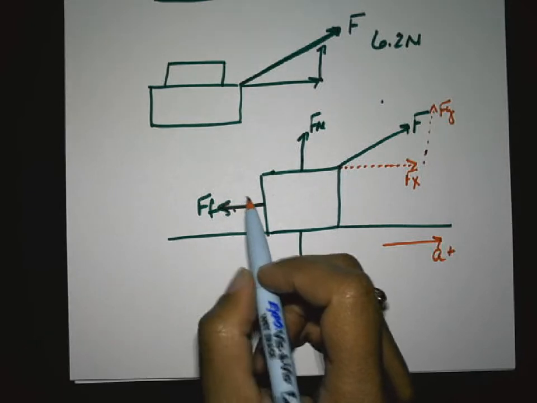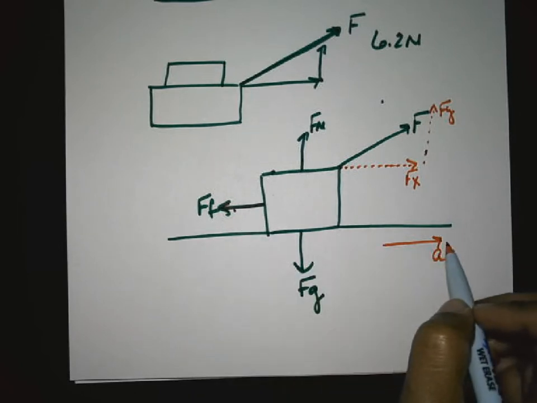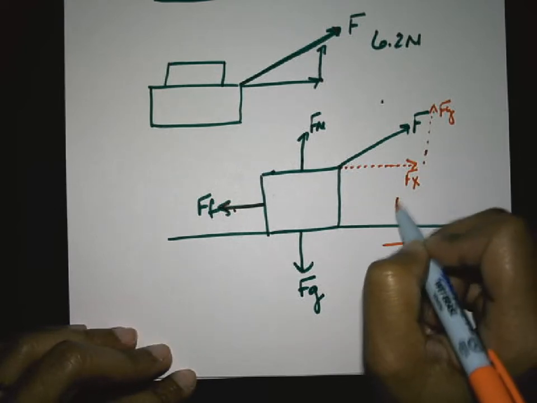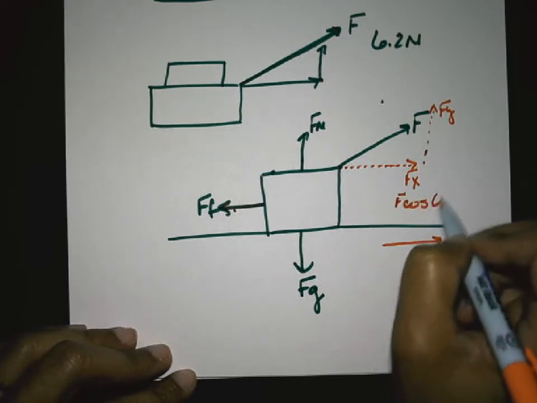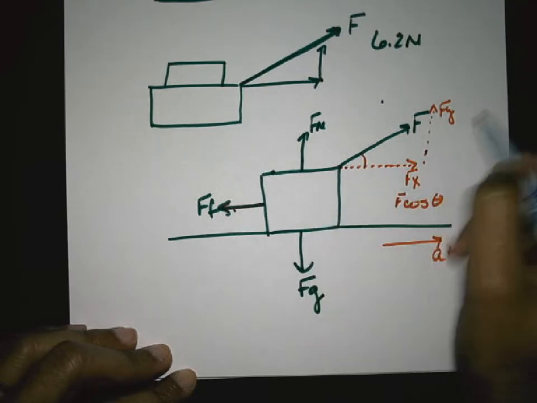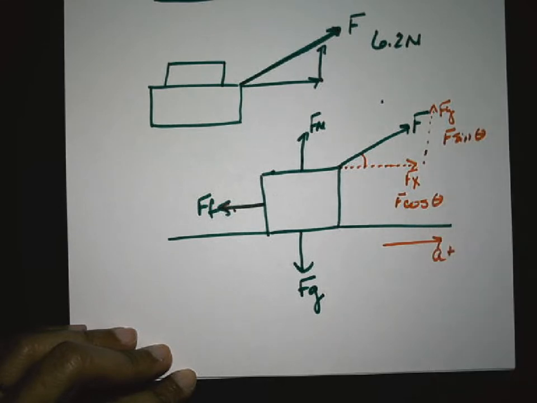So all of these arrows, even though they look like they don't matter to moving the block forward, they really do. And I'm going to remind you guys that force on the x is F cosine theta, and there would be my angle. And force on the y would be F sine theta. So those are how you get the force on the x and the force on the y.